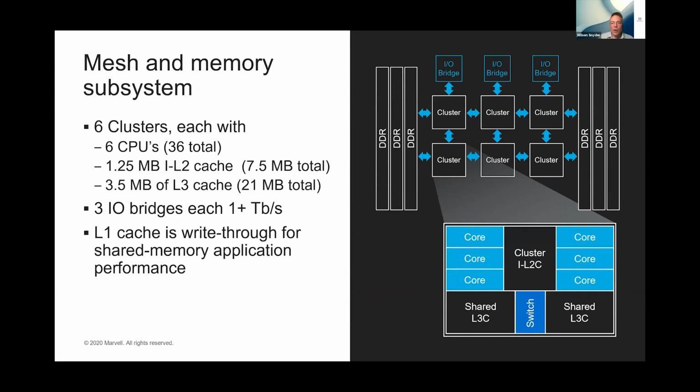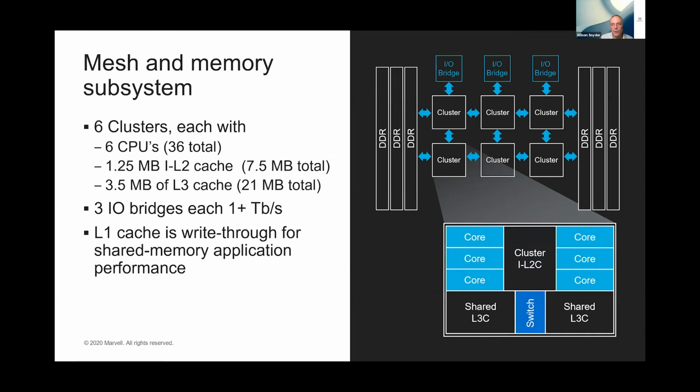The CPUs are then grouped in 6s. So there's a lot of multiples of 3 on this chip. It just kind of worked out that way. So we have 6 CPUs. Those attach to a mid-level cache that is instruction only, and we'll talk about the reasons for that in a minute. And then they also attach to a 3.5 megabyte section of the distributed last level cache.